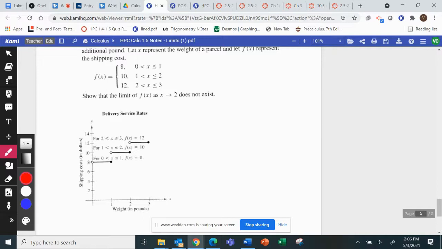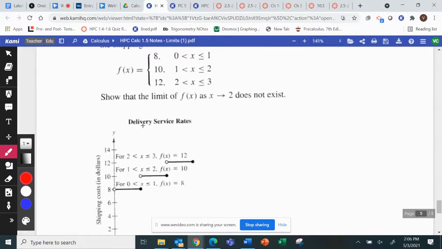It says show that the limit of f of x as x approaches 2 does not exist. So how could we justify that the limit does not exist? You want to find the limit from the left and find the limit from the right and show they are not the same answer.